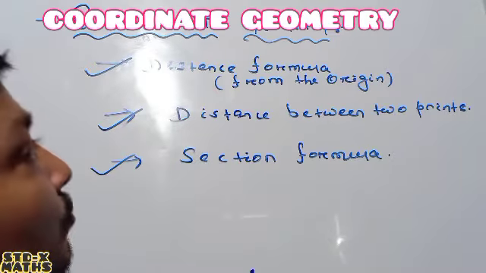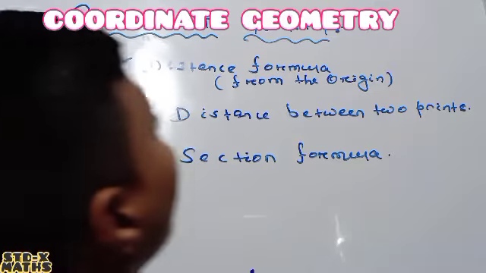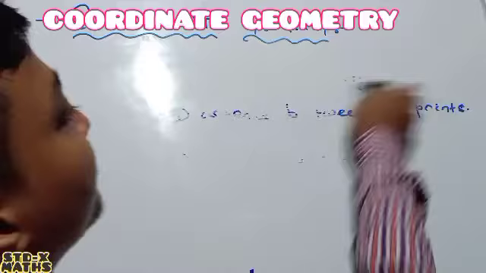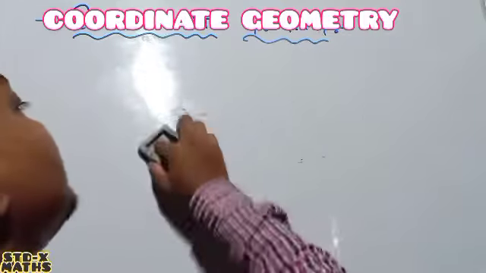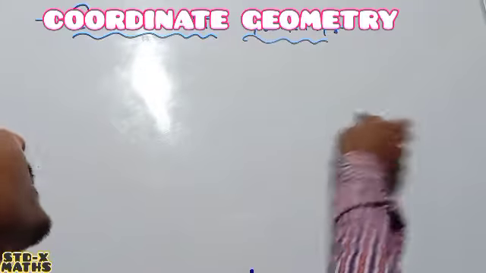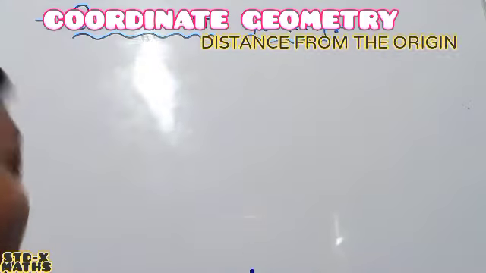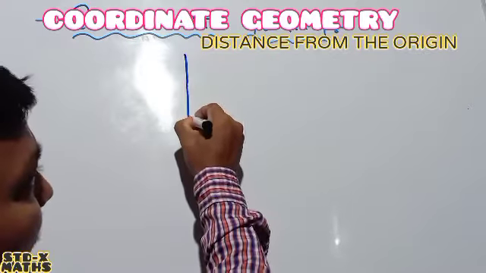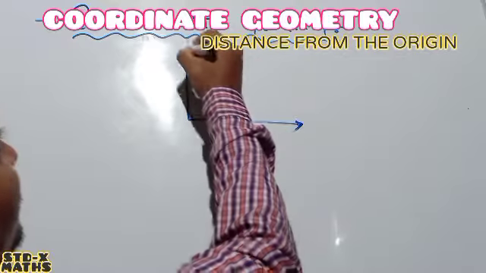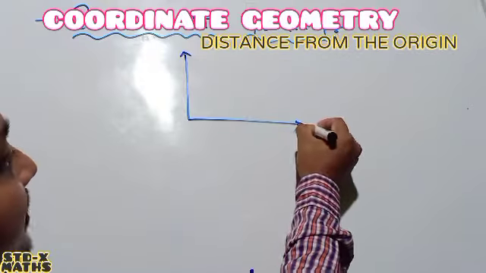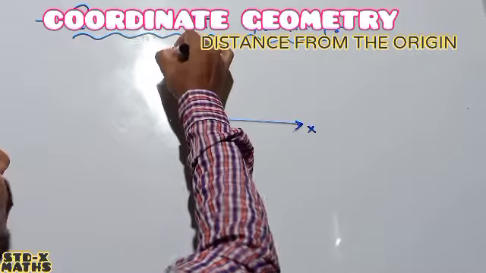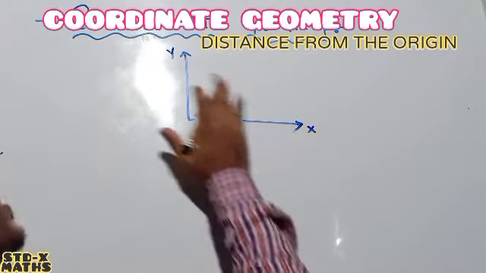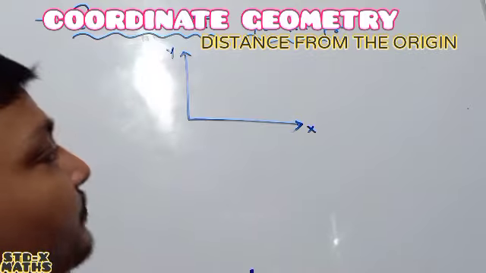Now I want to show you how to generate our distance formula from the origin. Everyone, see. Suppose here is a graph paper, here is the x-axis and here is the y-axis.